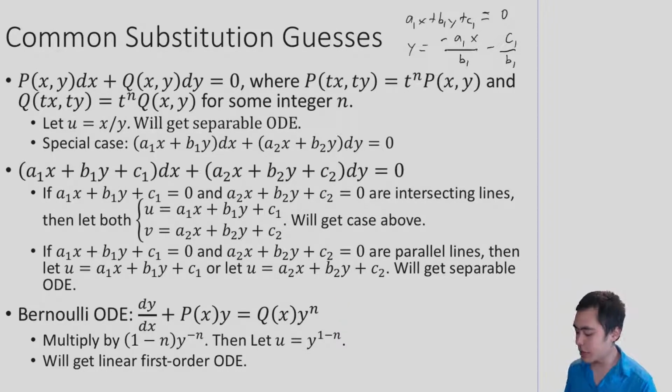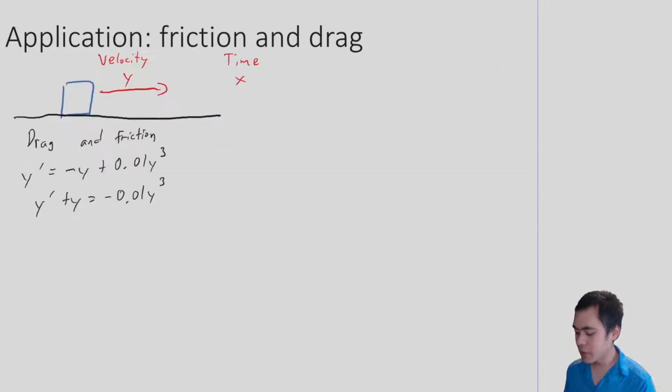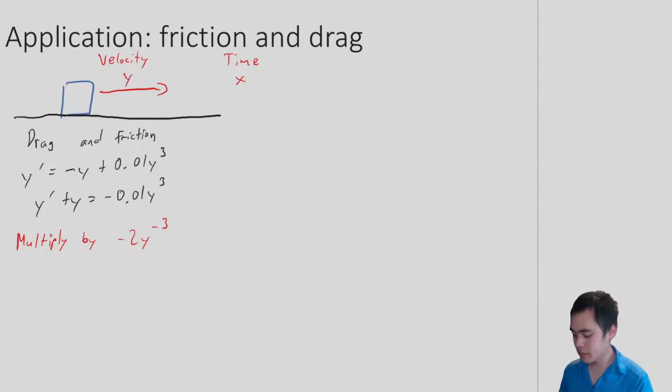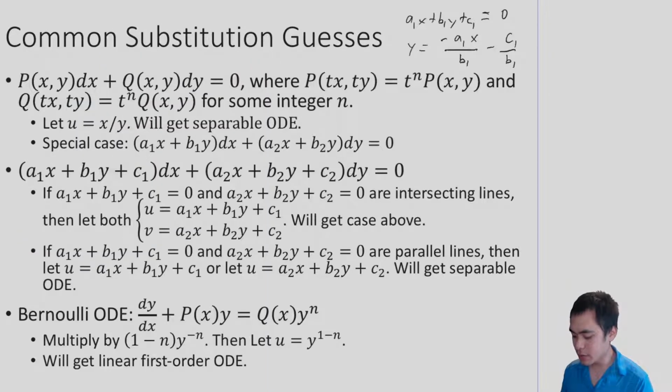And once you recognize that, what you have to do is multiply by minus 2y to the minus 3, because that is what we're supposed to multiply by, 1 minus n times y to the minus n.